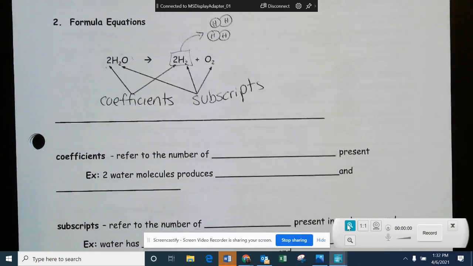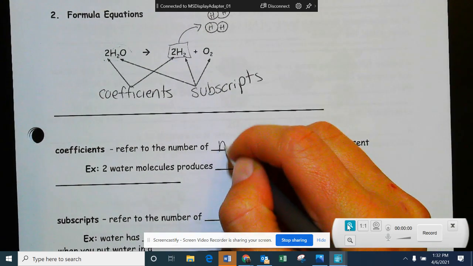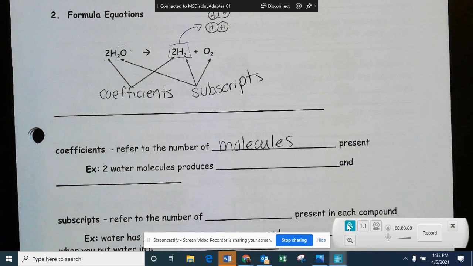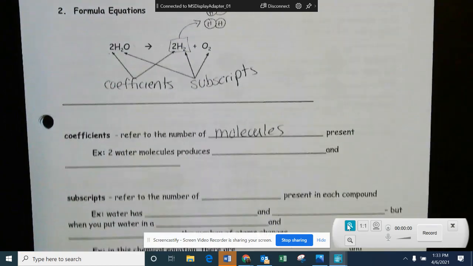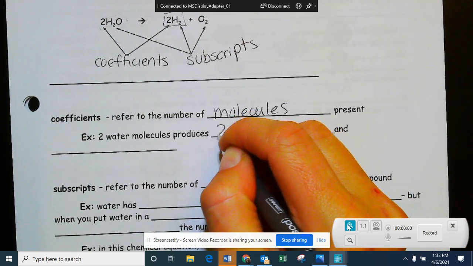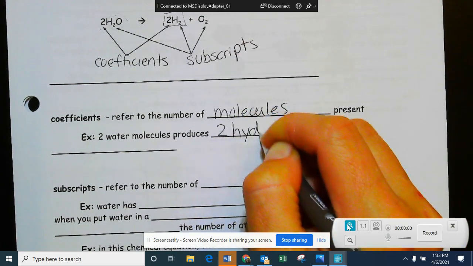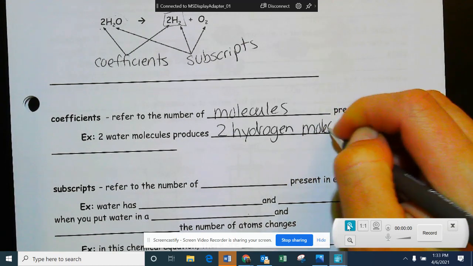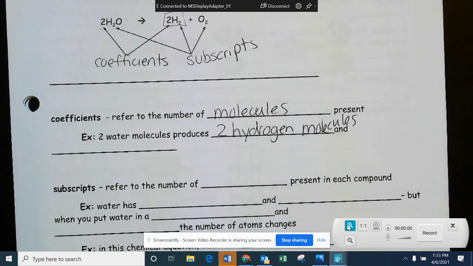All right, coefficients, number of molecules present. An example, 2 water molecules produce 2 hydrogens and 1 oxygen molecule.